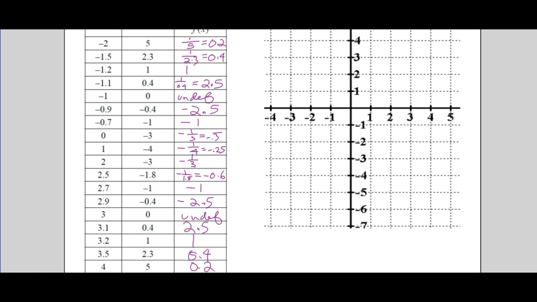Okay, I have filled those values in using decimals.